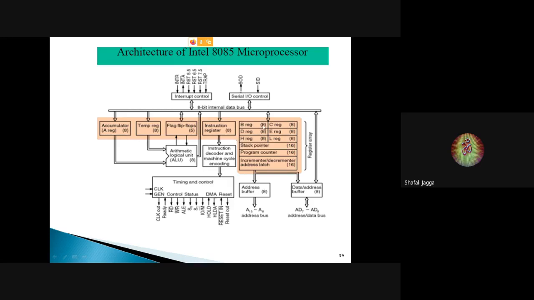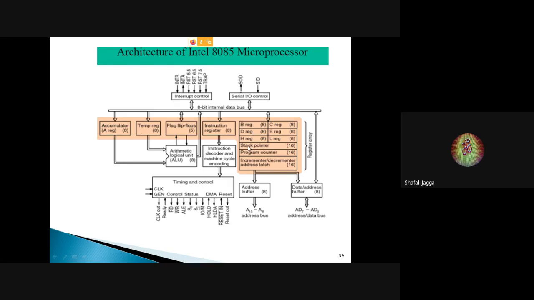For example, if the microprocessor wants to transfer data from B to A, it will take place directly from B to A. Now if it wants to add the data of the accumulator with the C register, whenever this addition takes place, the accumulator data is there and the C register data will first move to the temporary register, and from there A plus C will be added and the result will again be stored in the accumulator register. So the temporary register holds the second operand whenever any arithmetic operation is performed like this.